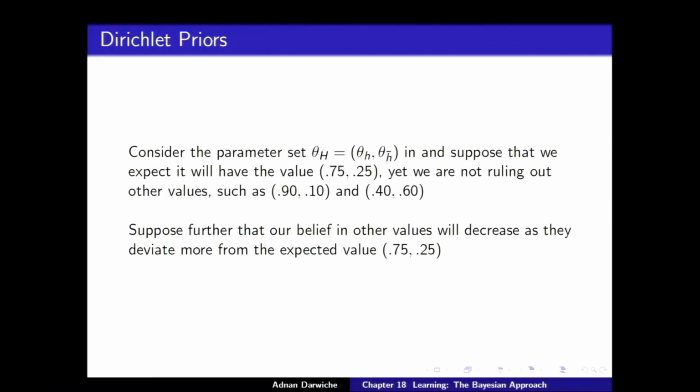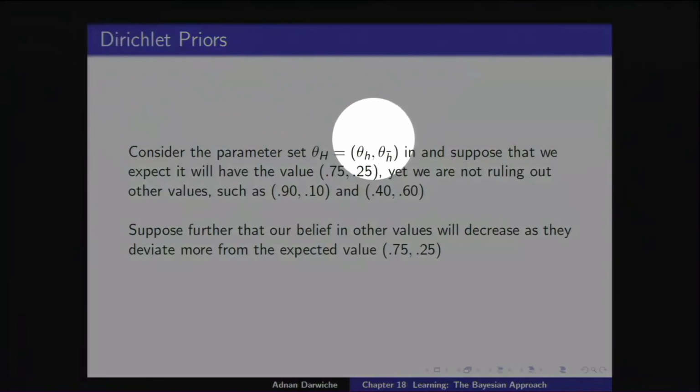So we're talking about this parameter set, let's say, whether someone is health aware or not. So first component is they're health aware, they're not health aware. And let's say that in this case, we expect this parameter set to be this, 75 and 25, right? But we don't want to rule out other values.